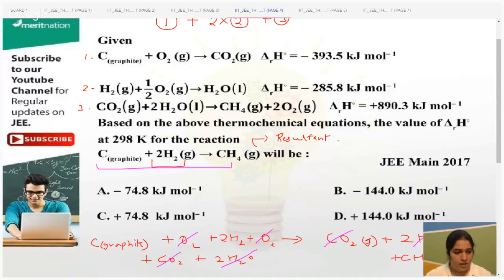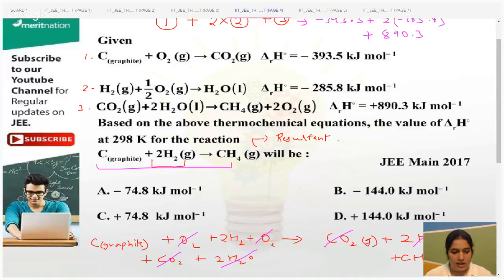So we will perform the same on the delta H value. Delta H1 is minus 393.5 plus twice of minus 285.8 plus 890.3.